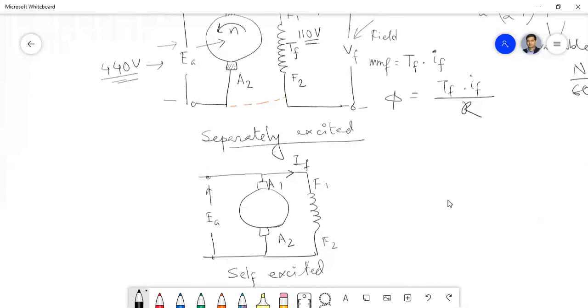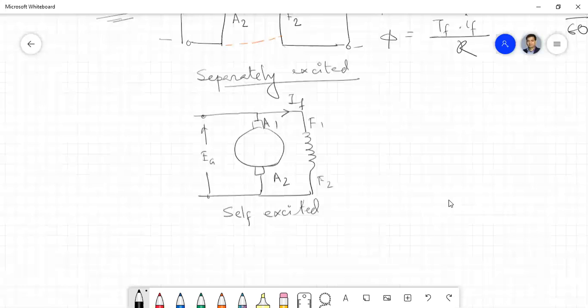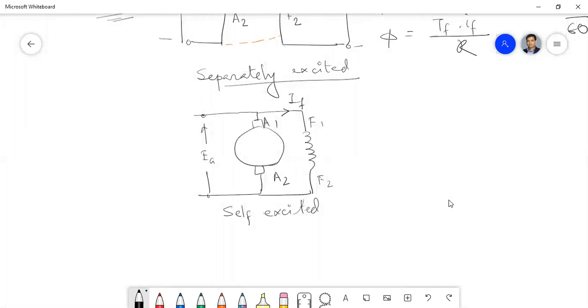Okay. So this is one self-excited configuration. Today I am just discussing this simple thing. Otherwise, I don't have time because it is already 2:40.